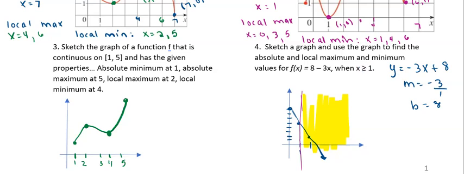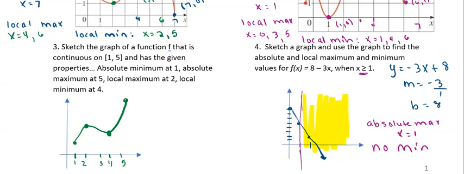So it's not going to be a local max, but it would be an absolute max. And because it says greater than or equal to, greater than means that it's going to keep going. So there is no min. There's no local min, there's no absolute min, so there's no local or absolute min.